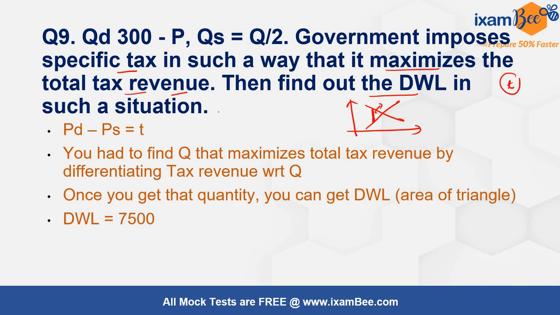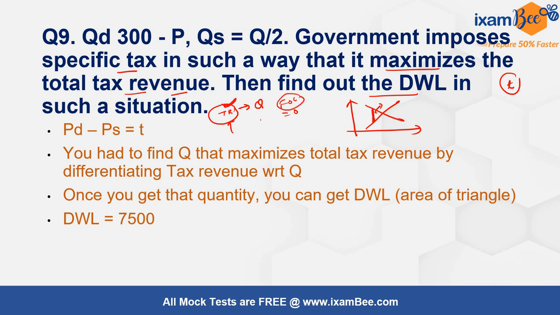So what you have to do is that you first have to find the total tax revenue, and then this would be in terms of quantity. So differentiate this function, and you'll get an equation in terms of quantity, equate it to 0, which is the first order condition, so that total revenue is maximized.